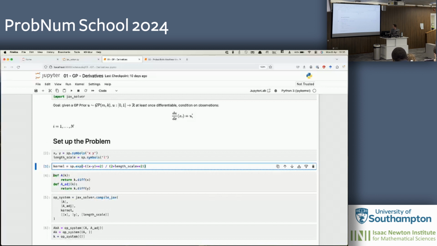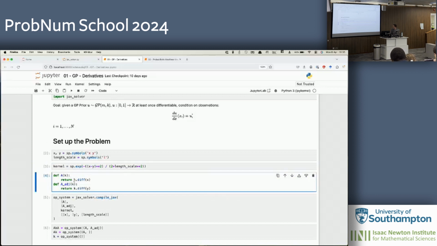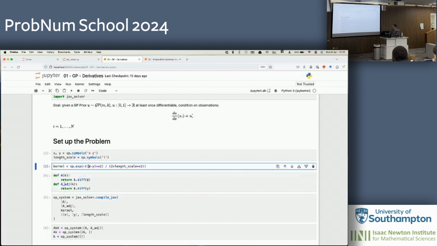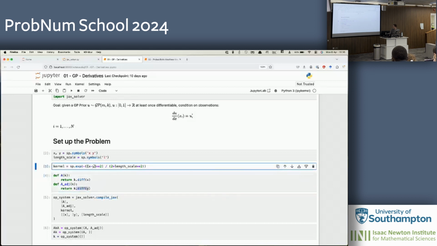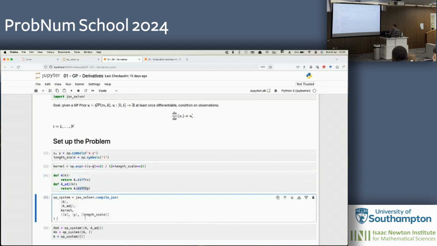Here I've got the A and the A adjoint, which are the implementations of this operator calligraphic A that we had on the slides. A is just the derivative of the kernel K with respect to the first argument X, and A adj here is K differentiated with respect to its second argument Y. So this is where the non-trivial part comes in.